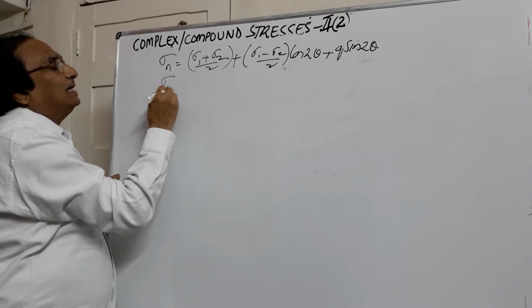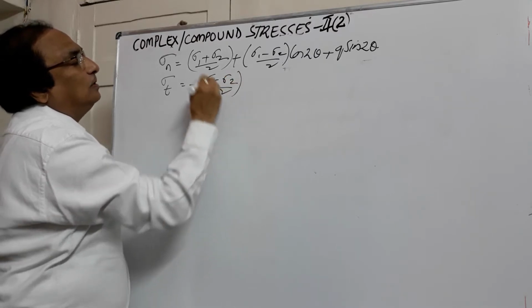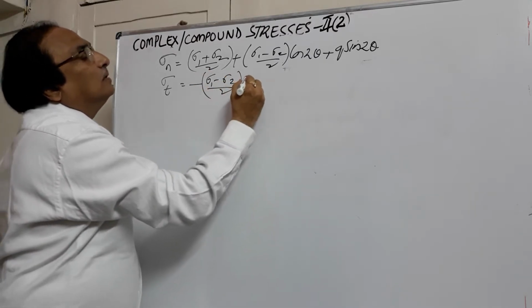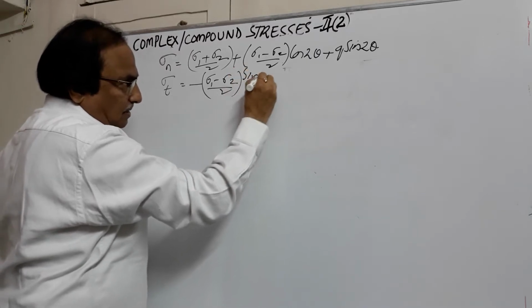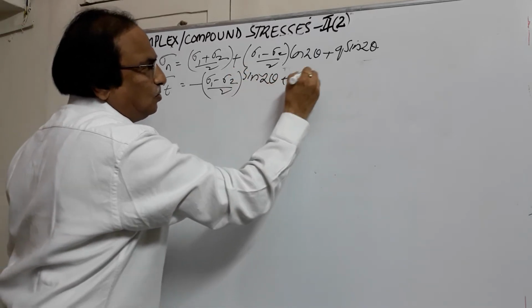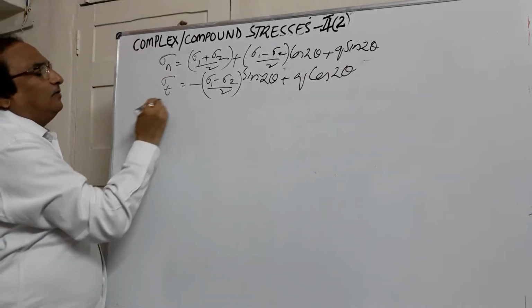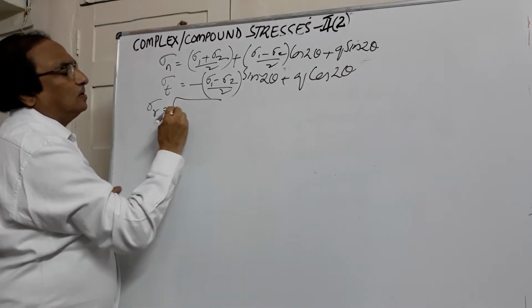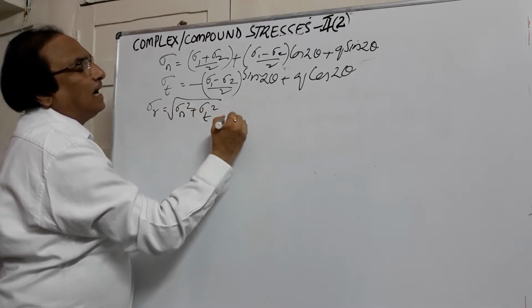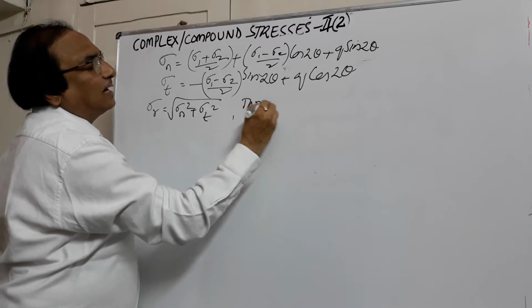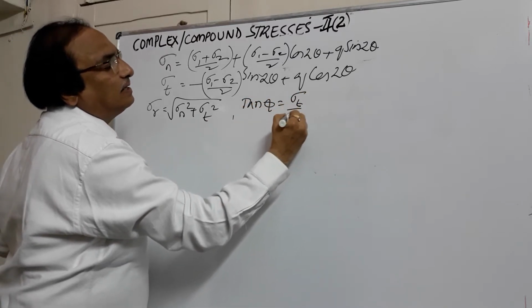We have seen the tangential stress is given by minus (sigma 1 minus sigma 2)/2 sin 2 theta plus q cos 2 theta, and we found the resultant stress is equal to the square root of sigma n square plus sigma t square, and tan phi, the angle of obliquity, is given by sigma t by sigma n.